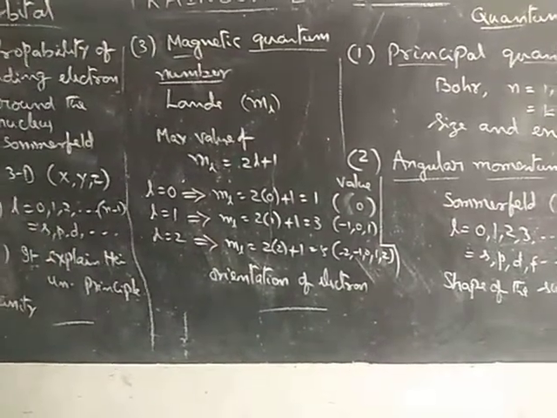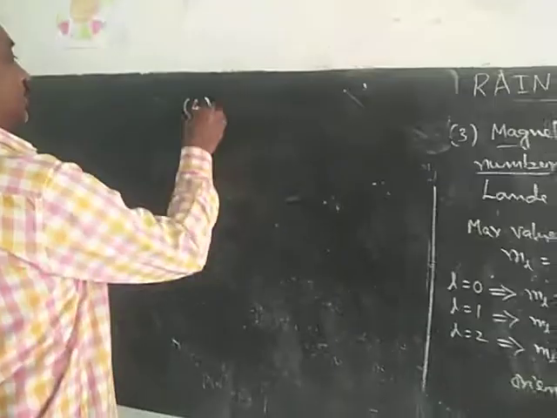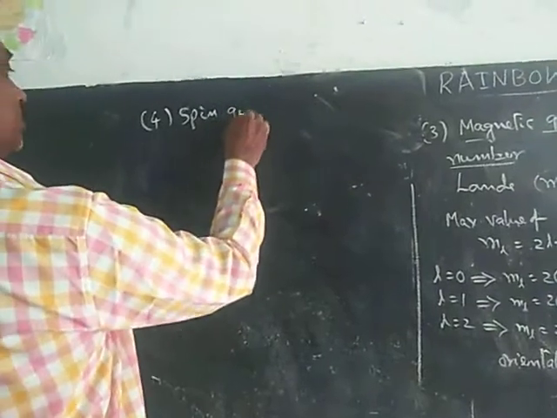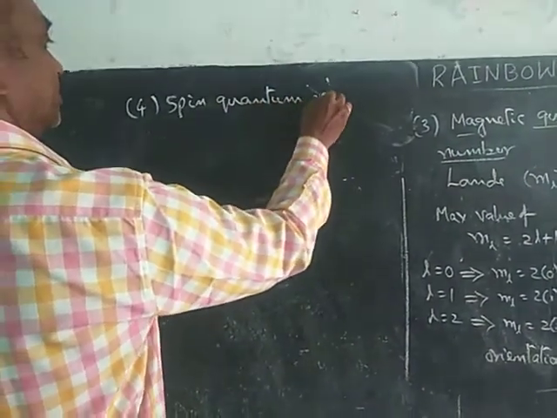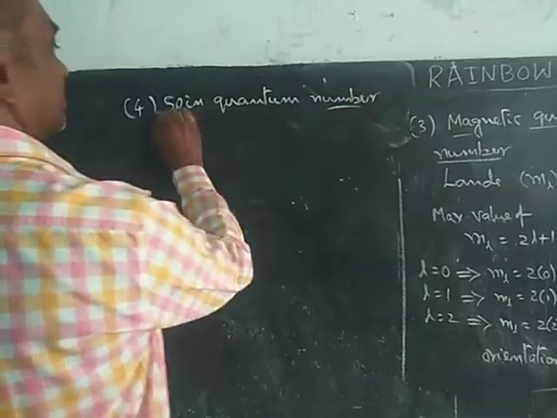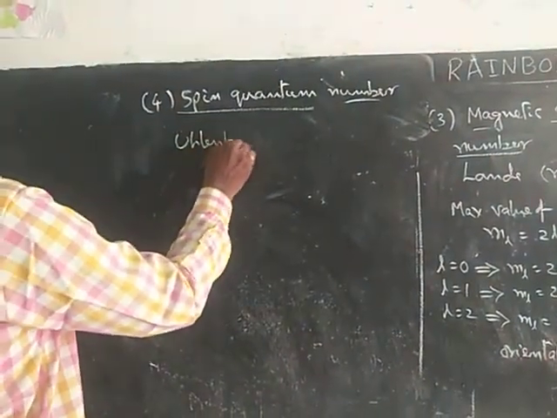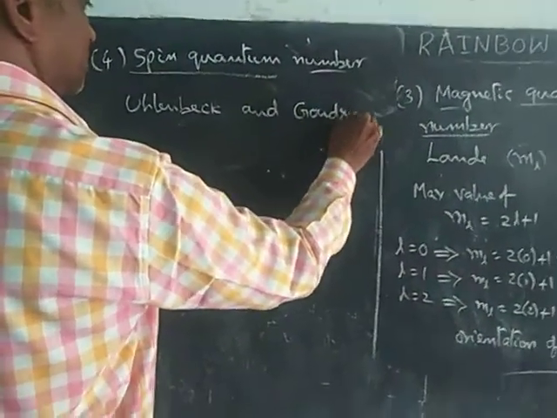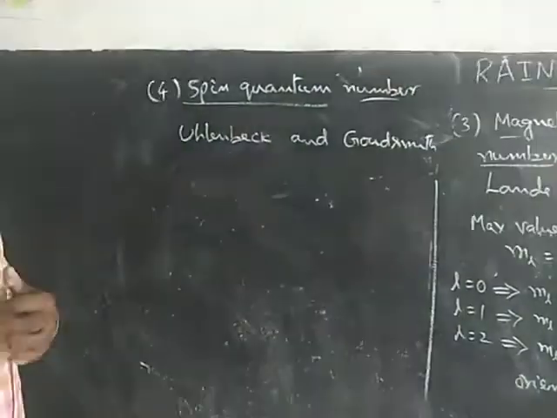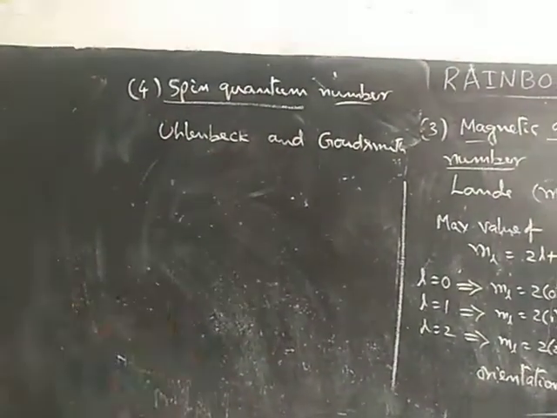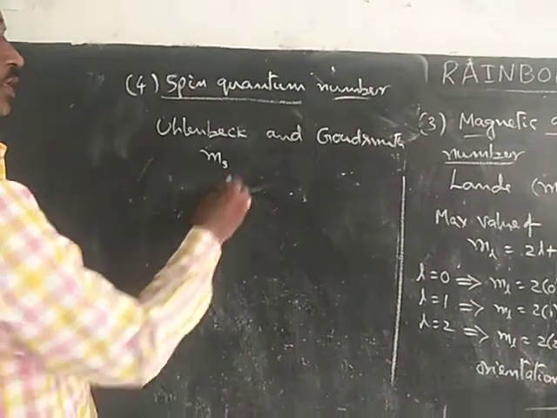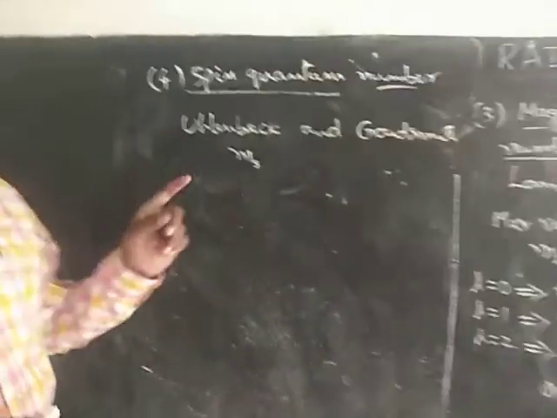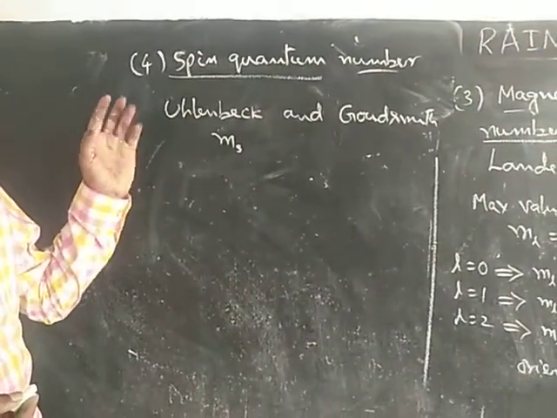And another important one: how many maximum number of electrons are present? Spin quantum number. The spin quantum number was proposed by the scientists Uhlenbeck and Goudsmit, denoted by the letter ms. Electrons move around the nucleus in two ways, rotation and revolution, like the planets.